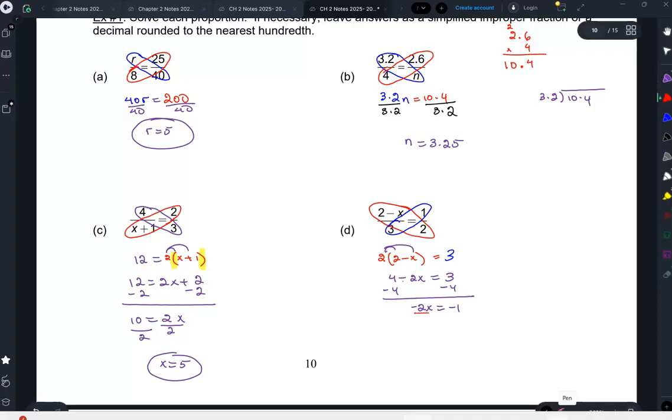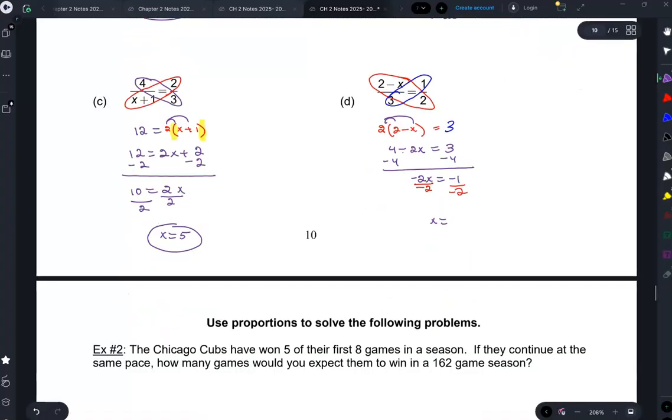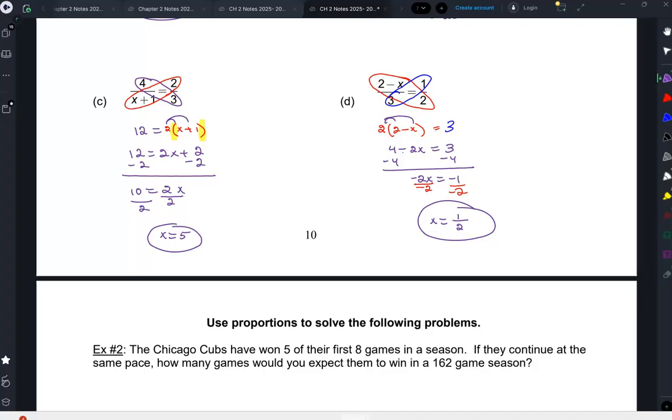Now look, guys, divide by negative 2. And then what happens to x? X equals, okay, first of all, is it going to be positive or negative? Positive 1 over 2. Okay, just as you read it. Okay, 1 over 2.